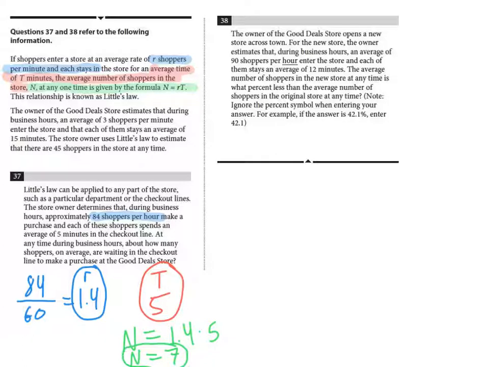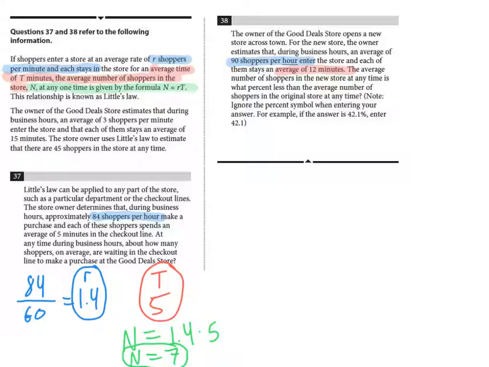And each of them stays for an average of 12 minutes. The average number of shoppers in the new store at any time is what percent less than the average number of shoppers in the original store.